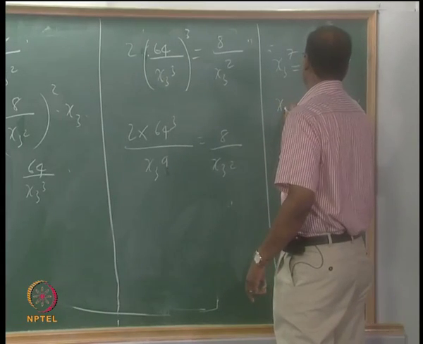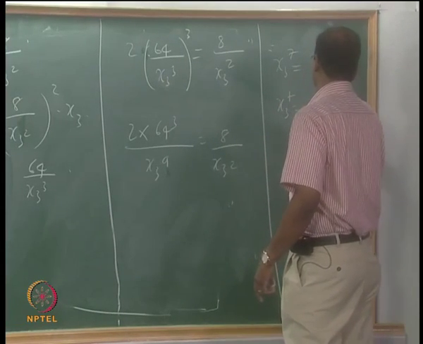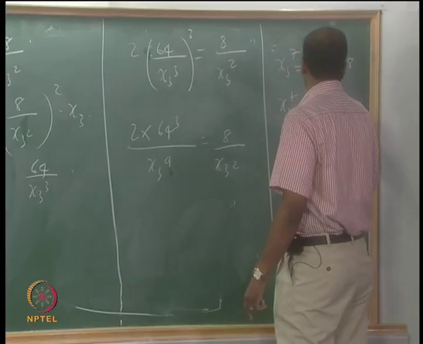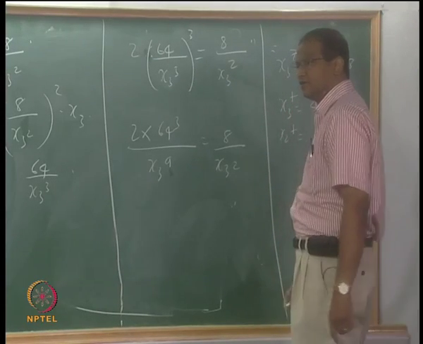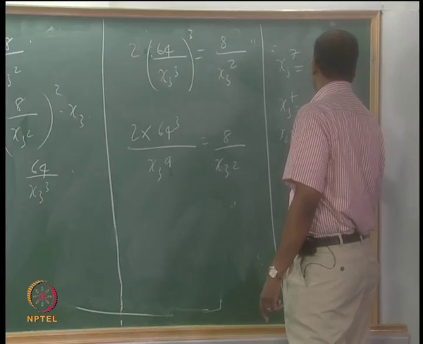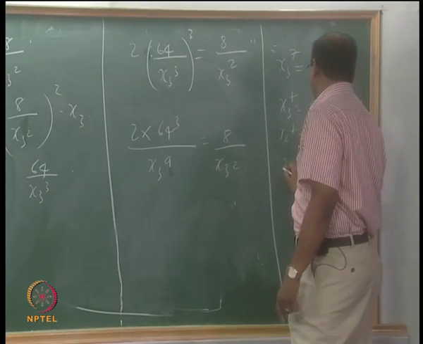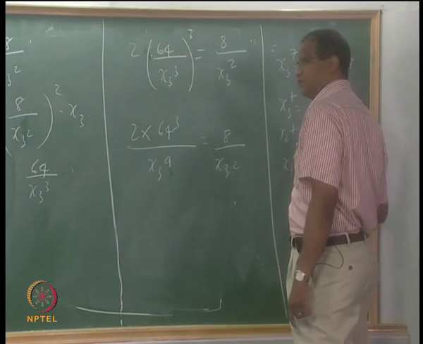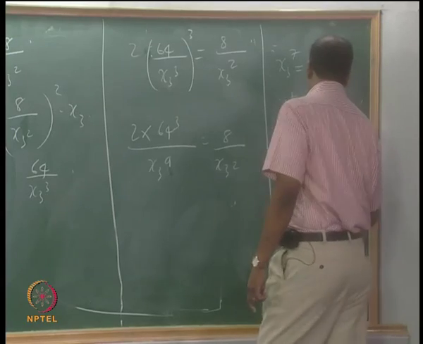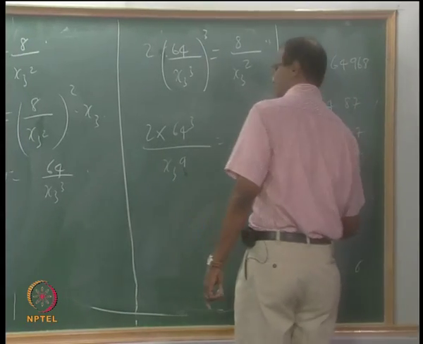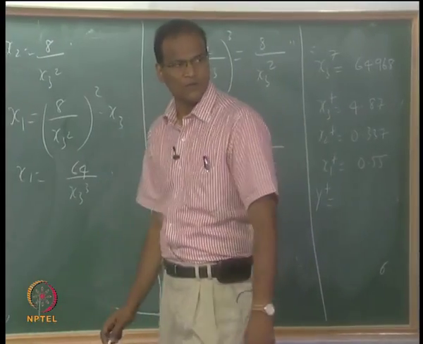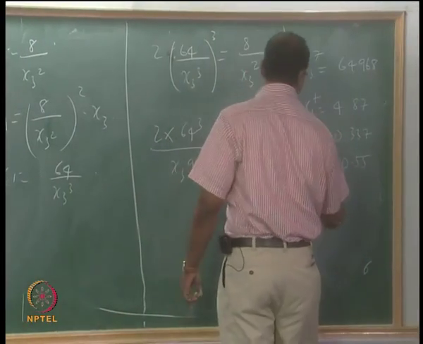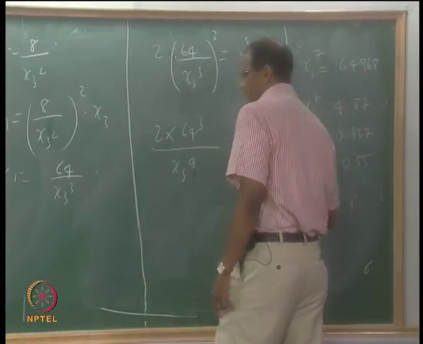So x3 is 4 point. Okay. x2 plus y plus 3.866. That is it, okay.